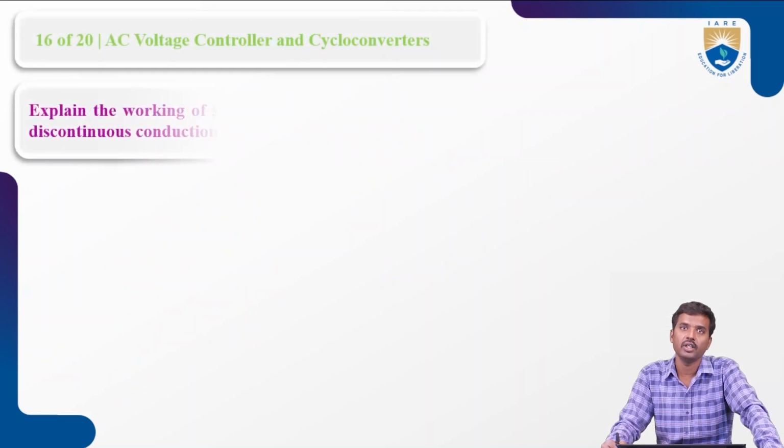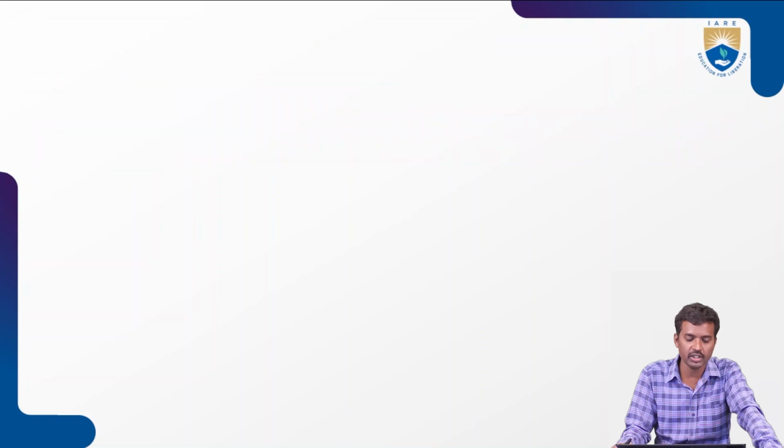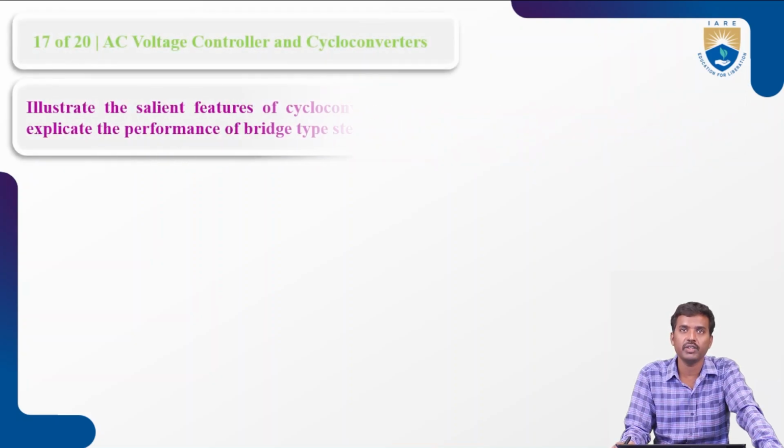Next, explain the working of a single phase bridge type step down chopper with RL load in discontinuous conduction mode with the help of a circuit diagram and relevant waveforms. We also discussed this in the previous lecture.